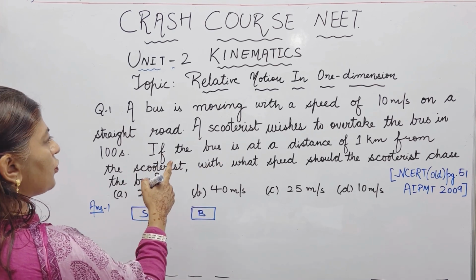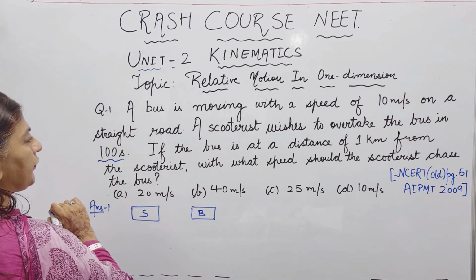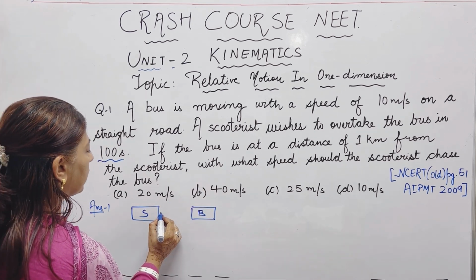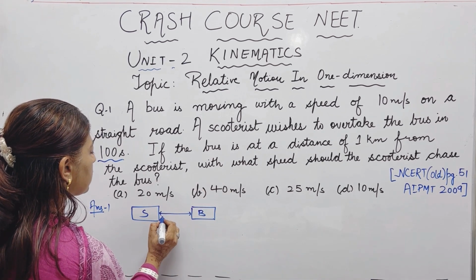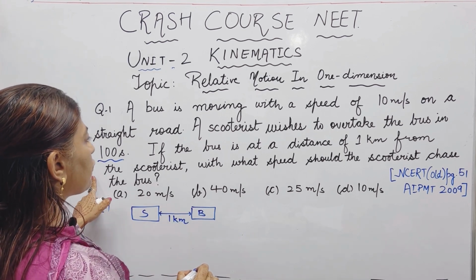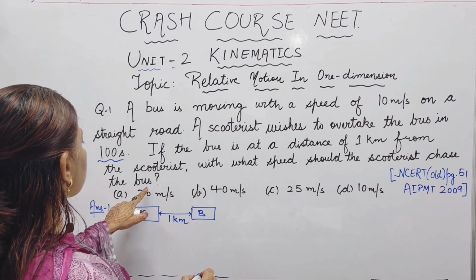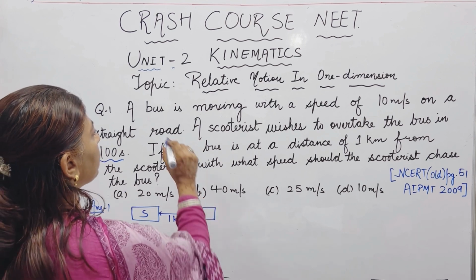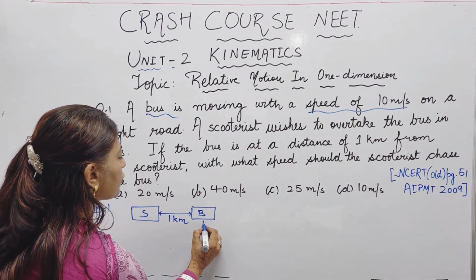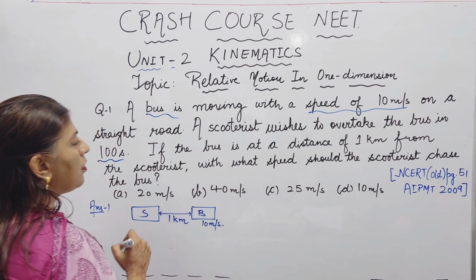He wants to do the overtaking in 100 seconds if the bus is at a distance of 1 kilometer. The distance between the scooterist and the bus is 1 kilometer. With what speed should the scooterist chase the bus? And one more thing is given: the bus is moving with a speed of 10 meter per second.